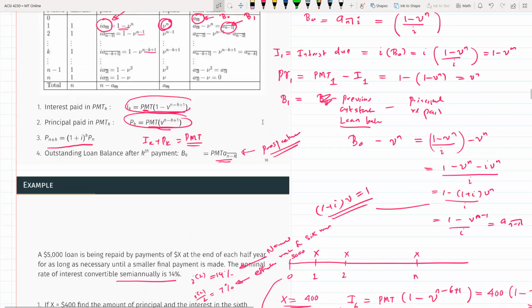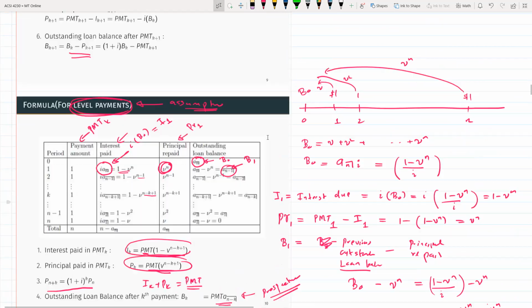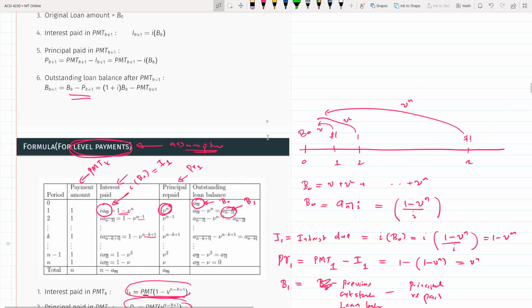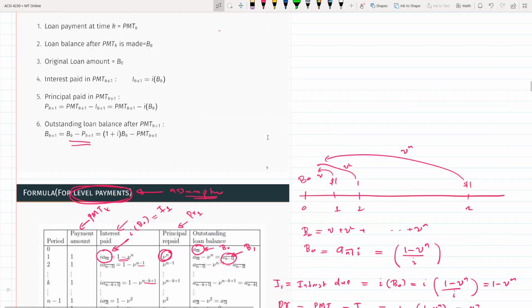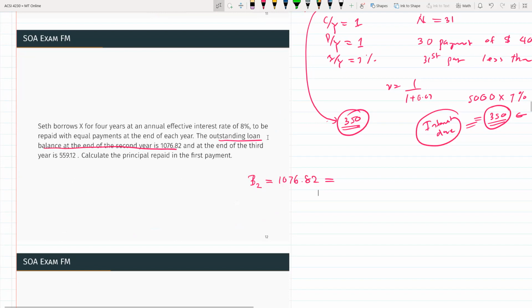So how do you get the outstanding loan balance? We can use one of these formulas. Okay, so how do we connect B2 and B3?